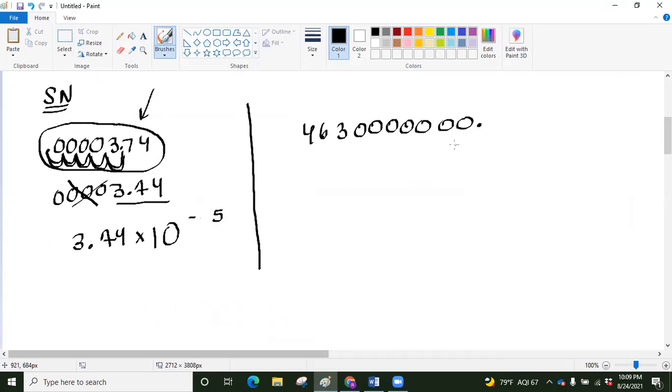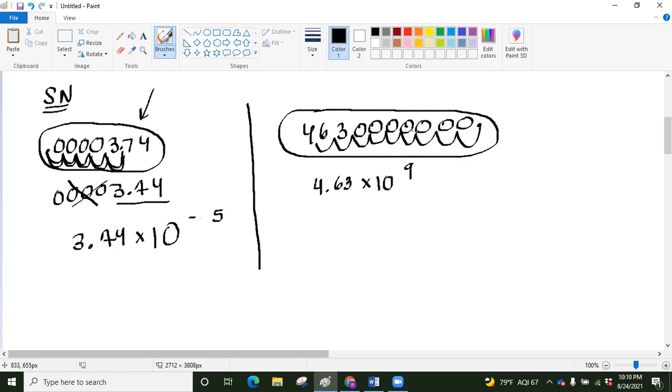And we want to move the decimal such that there is one non-zero number to the left. So we're following the same rule. We go 1, 2, 3, 4, 5, 6, 7, 8, 9. So now our number is 4.63 times 10 to the power 9. Now, should we put a negative? Well, no, we want it to represent a very big number, so it would make sense to have a positive there.